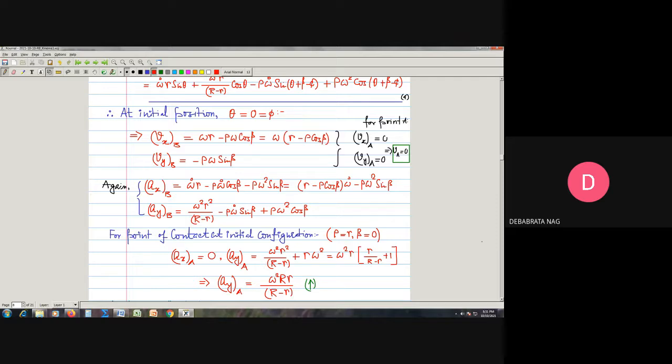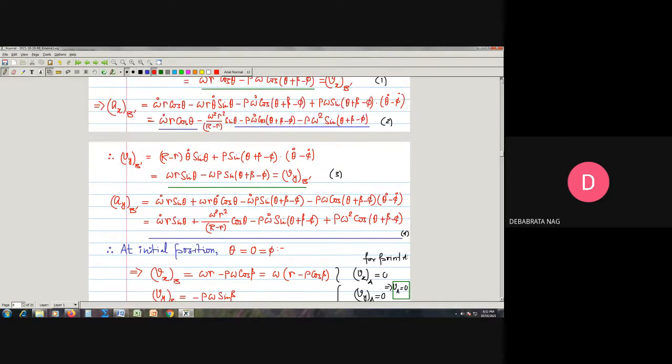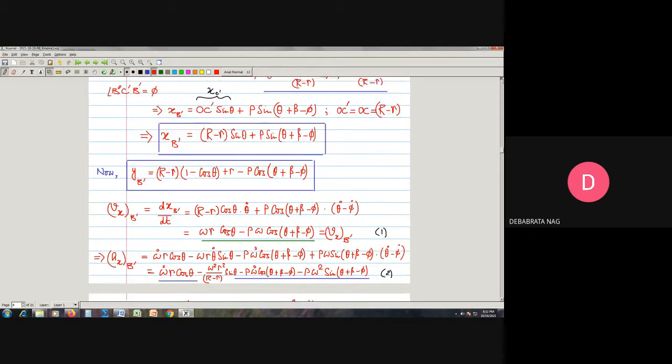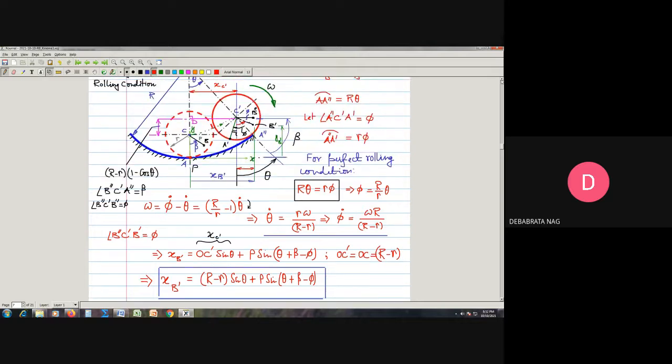So students, we have dealt with a very important problem, that is, rolling without slipping over this inwardly curved surface.